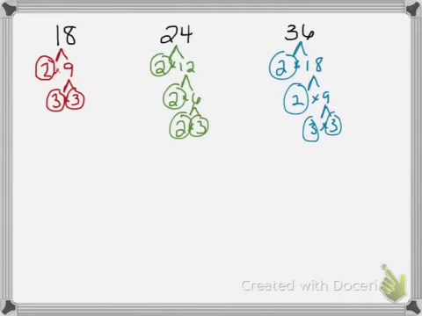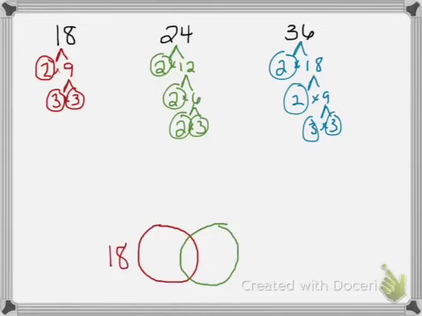Now we're going to draw our Venn diagram. Remember, this time we have to have 3 circles. There's 18, here's 24, and there's 36.